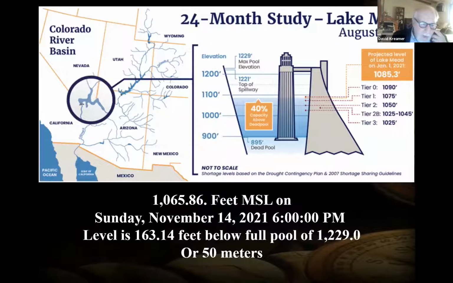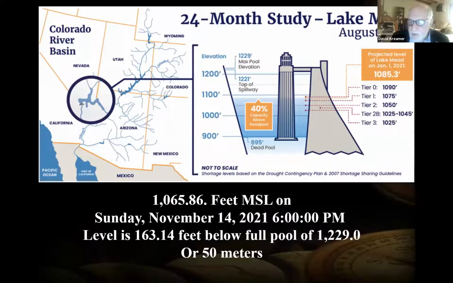So the way that works is if you look off on the left-hand side of this graphic that you're seeing here, the Colorado River basin is outlined, and circled is Lake Mead, which is used as the determining factor for drought restrictions. And specifically, the level of the water as it declines is the measure of different drought restrictions.